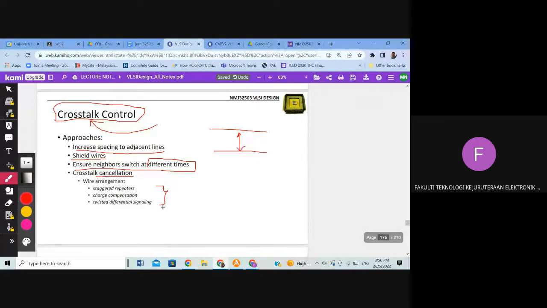If you are asked to explain ways to control crosstalk, don't just give a point-form answer. If you just give a point-form answer, you won't get the expected marks. To get the best marks, you need to explain, and the explanation must be based on your understanding. To understand, you need to read the textbook.